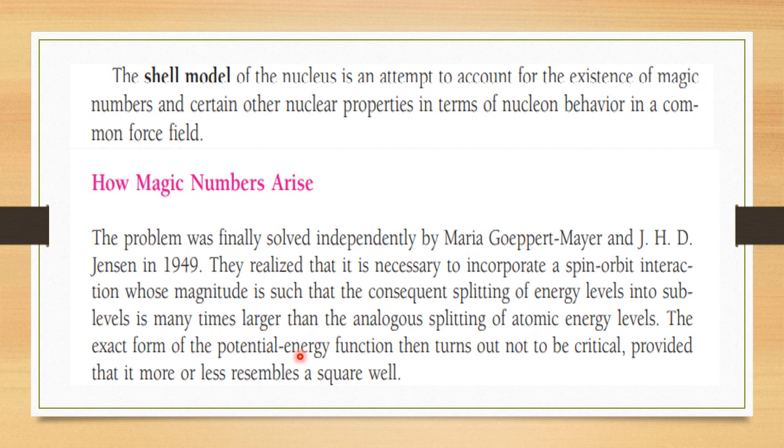The exact form of the potential energy function turns out not to be critical, provided that it more or less resembles a square well. So up to some distance there is a high field and after that there is no field, which approximately represents the nuclear force.